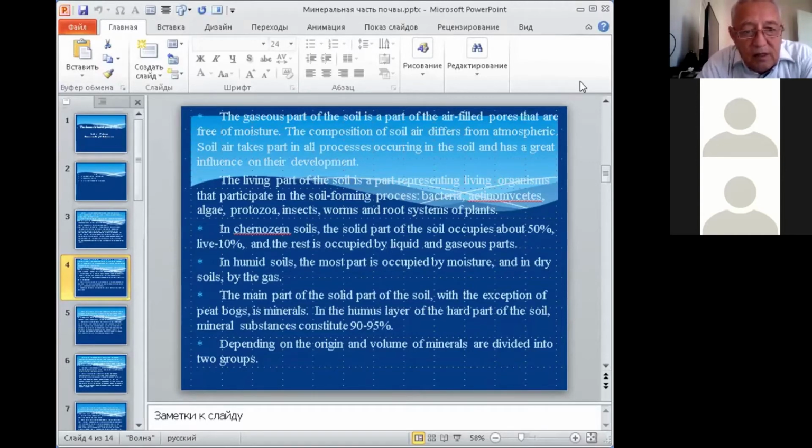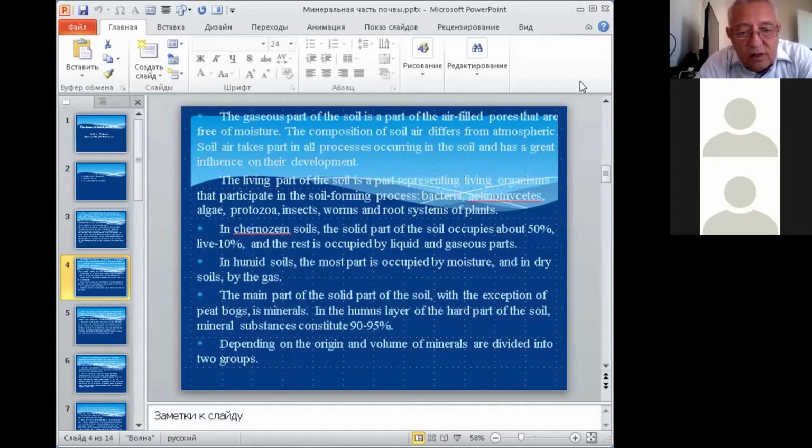The main part of the soil, with the exception of peat bogs, is minerals. In the humus layer of the solid part of the soil, mineral substance constitutes 90–95%.